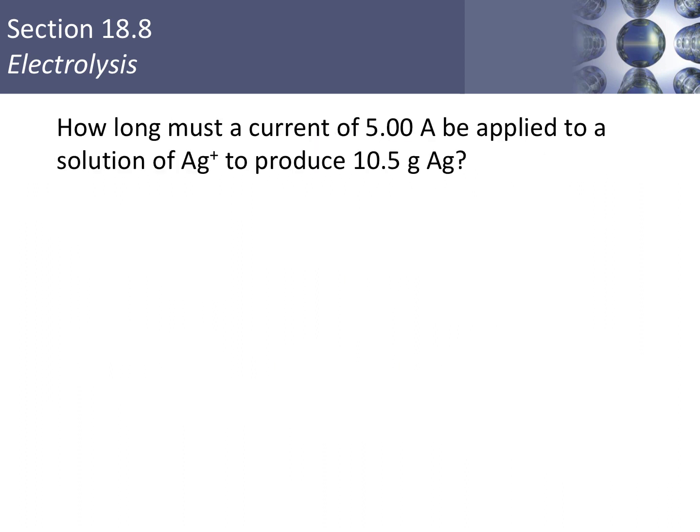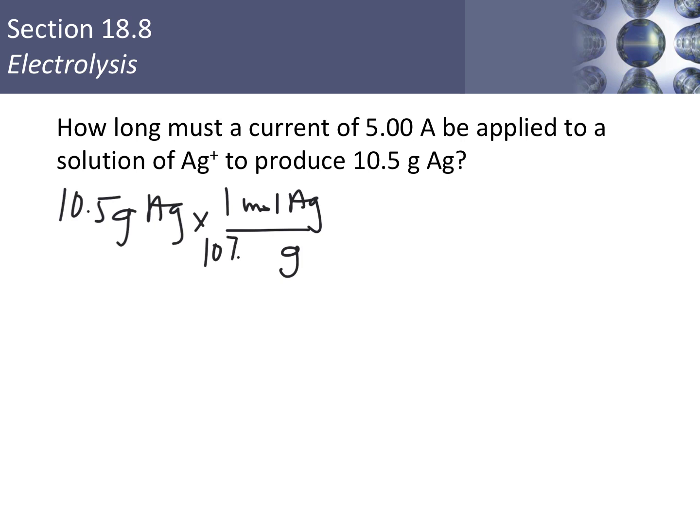Now let's say that we want to solve for a time. How long must a current of 5 amps be applied to a solution of silver ions to produce 10.5 grams of silver? So we're going in reverse. We'll start with our 10.5 grams of silver, and we will cancel those grams of silver and go to moles of silver using the molar mass from the periodic table, 107.87.